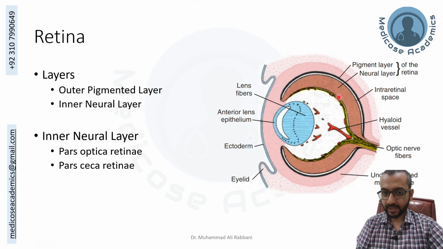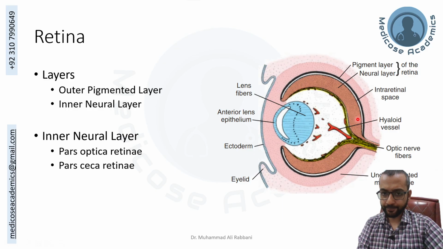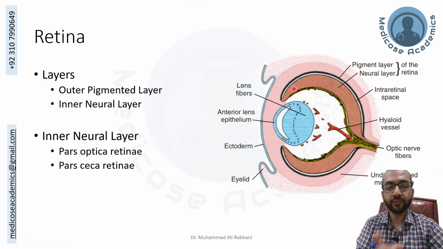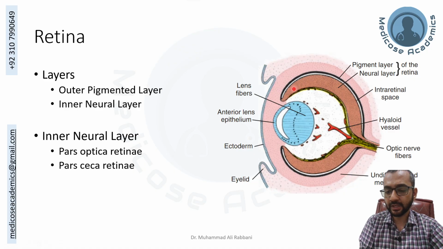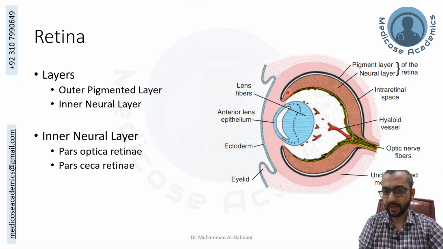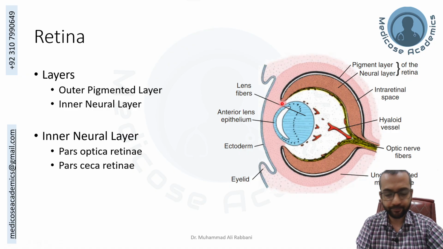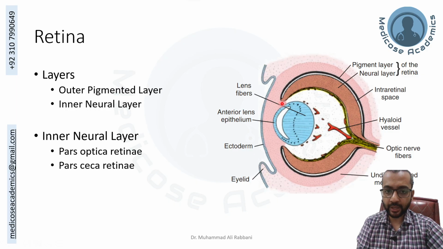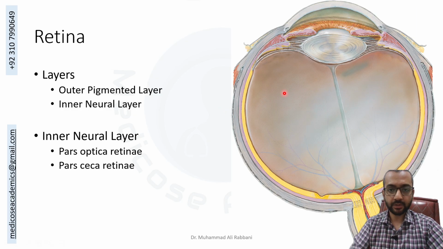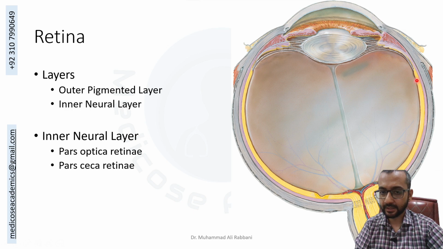The part that is actually photosensitive will be the pars optica, and the layer of retina that we saw at the beginning of the lecture, that is going to cover the back of the ciliary body and the back of the iris, will be insensitive to light. So these will be pars optica and pars ceca. Let us see them here.